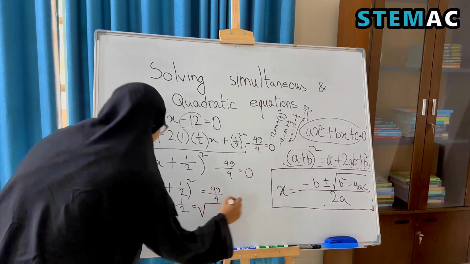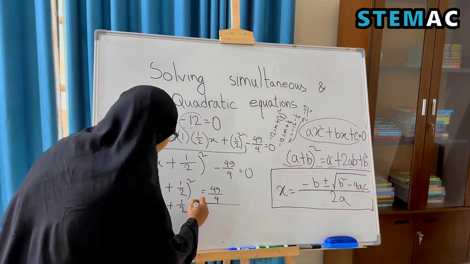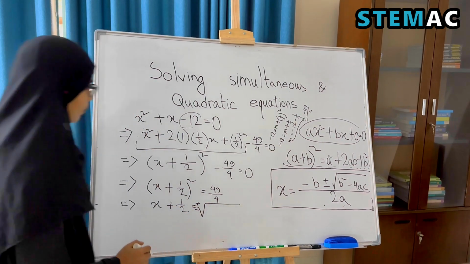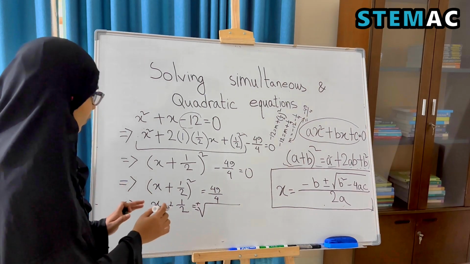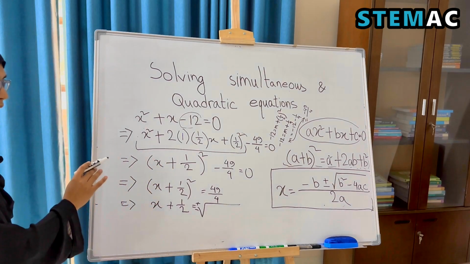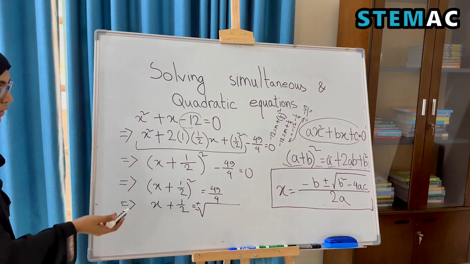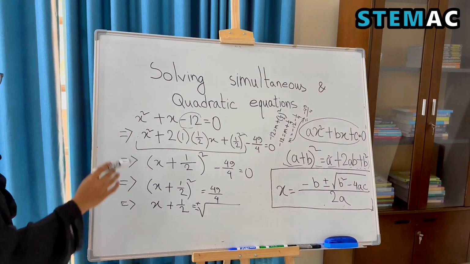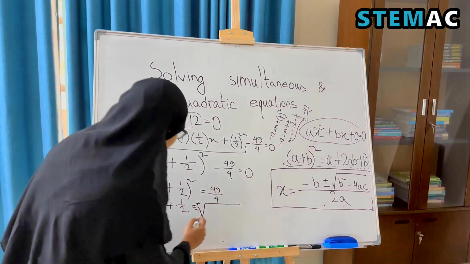If we bring the square root to this side, there should be both plus and minus, because the square of any number, either positive or negative, does not matter, gives a number which is greater than 0.